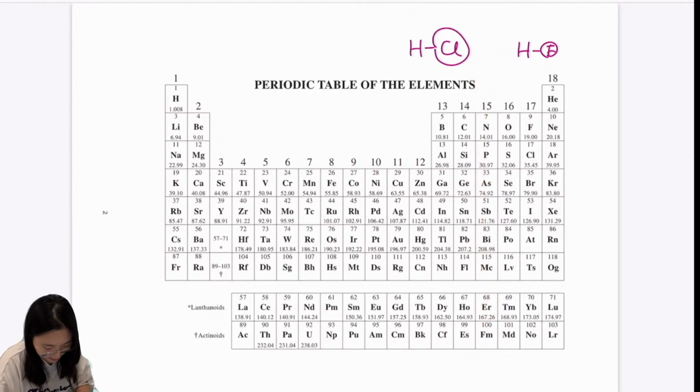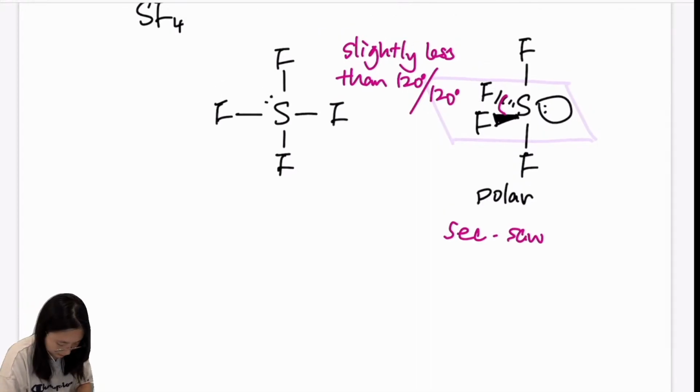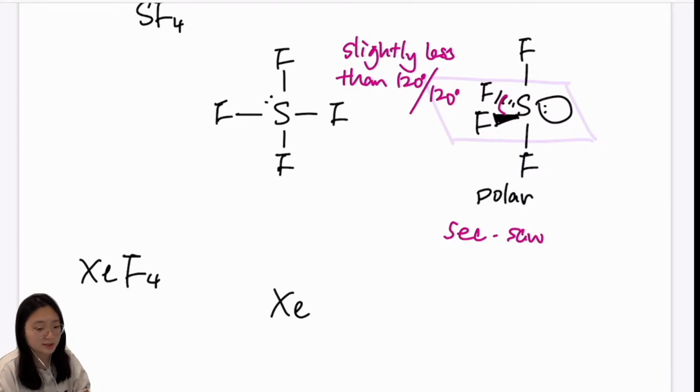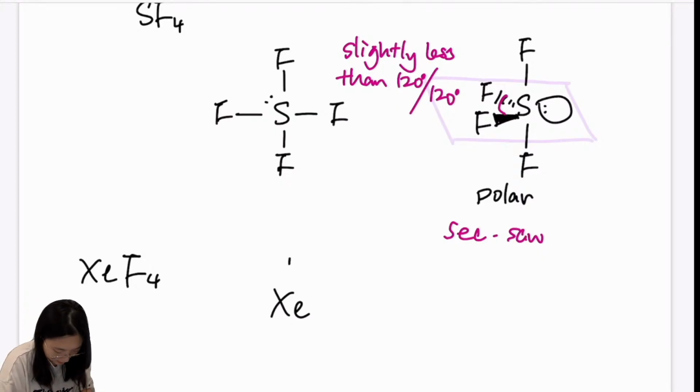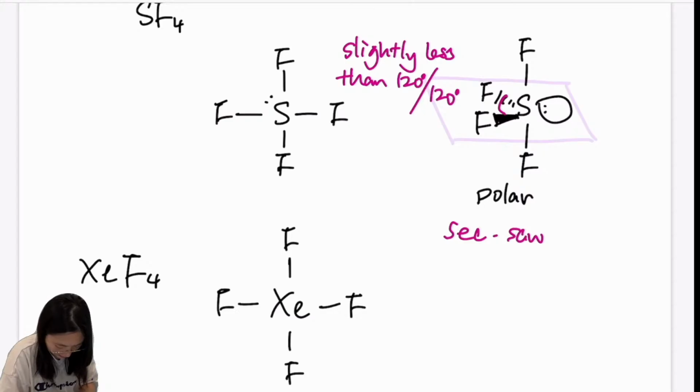So for example, xenon fluoride. I think it's xenon tetrafluoride. Xenon is a noble gas, and usually it does not form covalent bonds with other atoms, but there are some exceptions. So xenon has fluorine, fluorine, fluorine, fluorine, and then it has 1, 2, 3, 4 lone pairs.